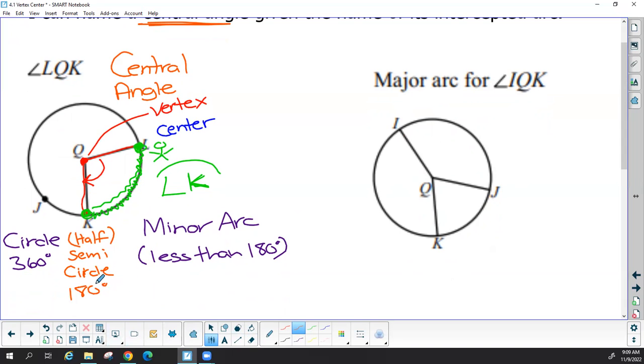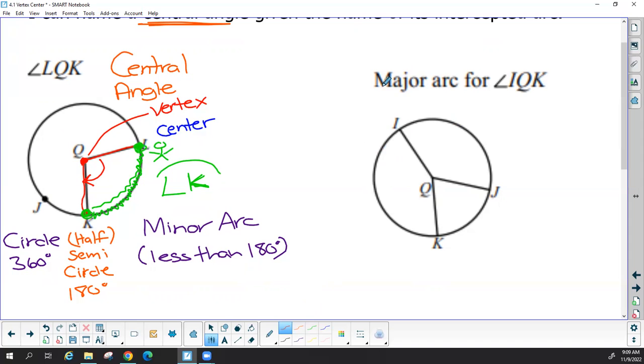And so a minor arc is less than half of the circle. So if we were to go around this entire circle, that's 360 degrees. That's like you standing in place and then spinning around completely. A semicircle is going halfway, half of the circle, and a minor arc is going to be less than 180. So when we're writing the name of a minor arc, we're going to use two letters just like this.